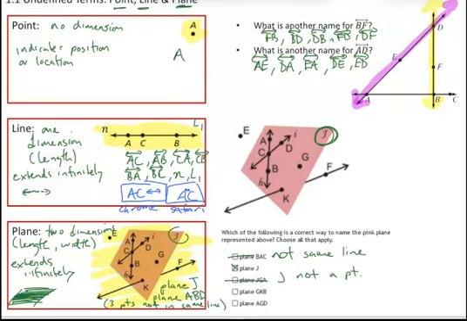Okay, what about GKB? G, K, and B, are all those in the same pink plane? Yes. So you can name that. And then finally, A, G, D. Are A, G, and D in the same pink plane? Not in the same straight line, though. So yes for that as well. So those would be the ways that you can name that plane.